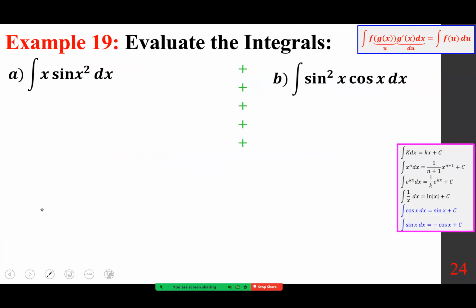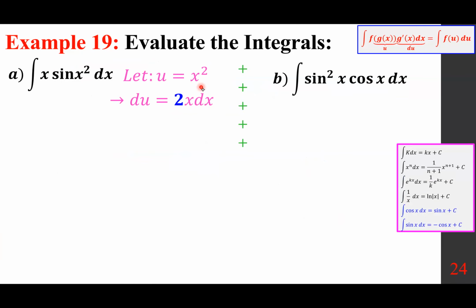Sinusoidal functions. Well, when the argument has an exponent, that's a choice of u. Its derivative is 2x. du is 2x dx. So when I rewrite that, I plug in 2 because it's missing, and 1/2.